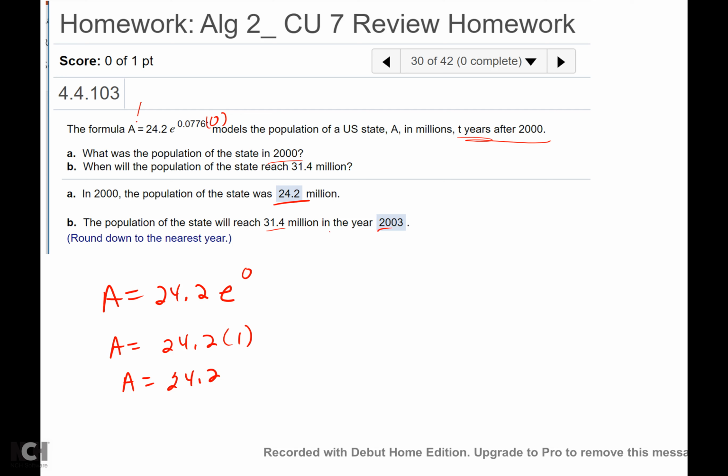Okay, and then it wants to know the population of the state will reach 31.4 million in what year? Well, now they're giving me the final amount of the population. They want to know when it will get to that number. So I make A 31.4 equals 24.2 e to the 0.0776 times t. 2003 is 3 years after 2000, so time is 3.